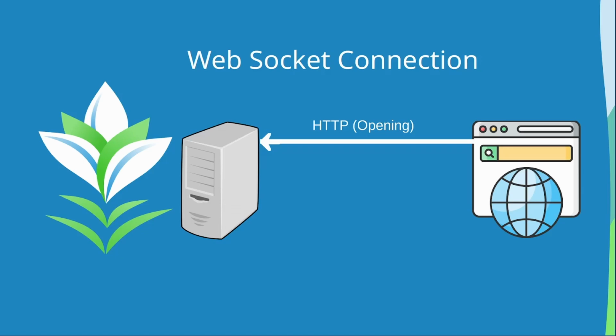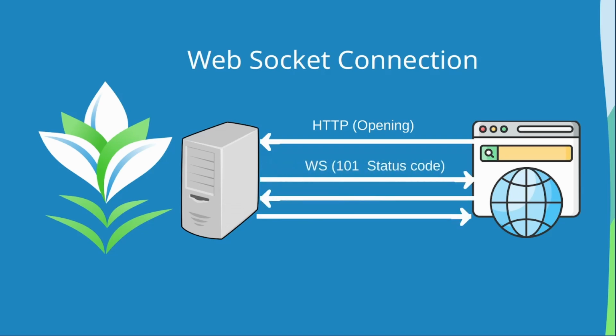Oh, the client is asking for a WebSocket continuous request, so the server will validate and send back the response with a 101 status code. This 101 status code is a special status code made for WebSocket.